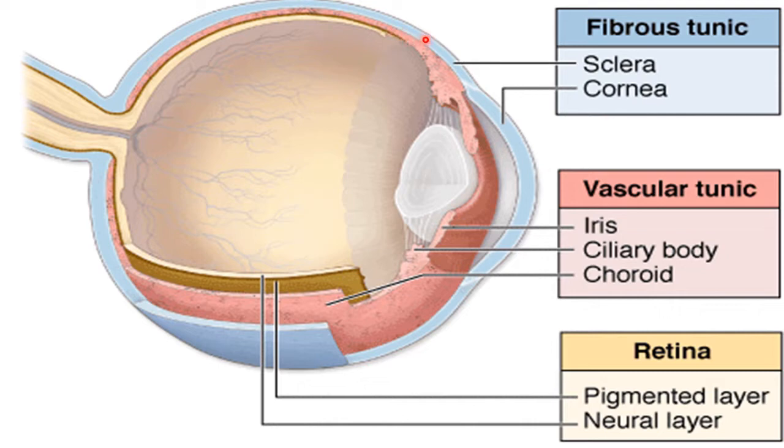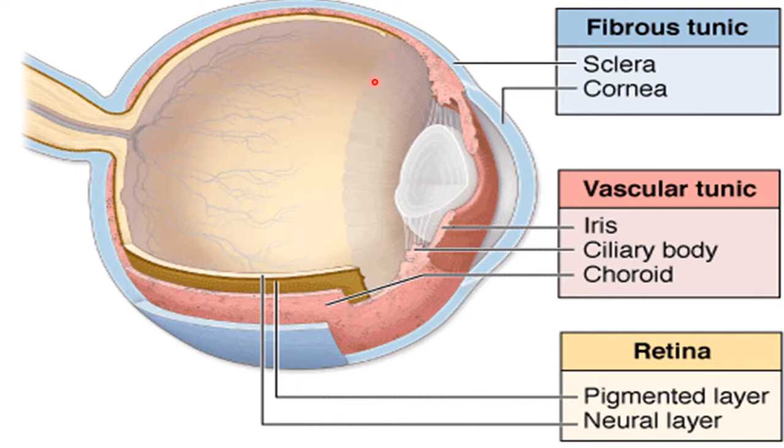We have already discussed the histological features of the cornea, sclera and choroid, and today I am going to start with the histological features of the ciliary body and iris, which are also components of the vascular tunic, also known as the uveal tract or uvea.